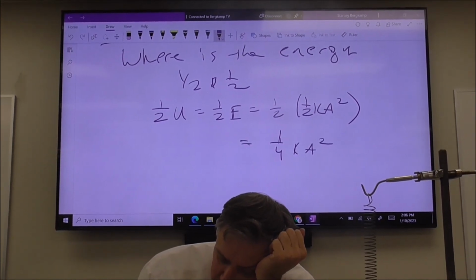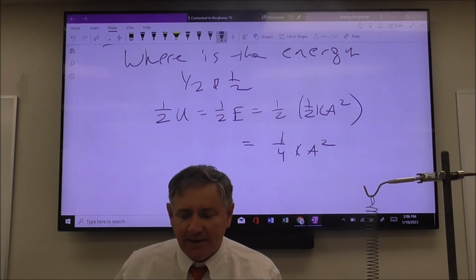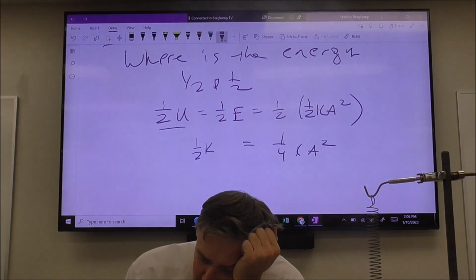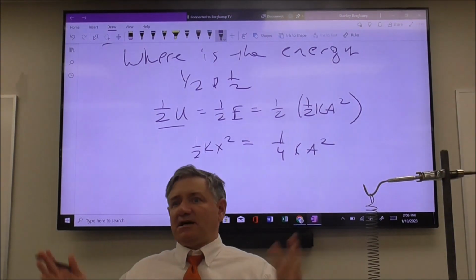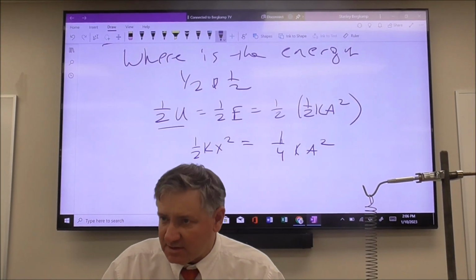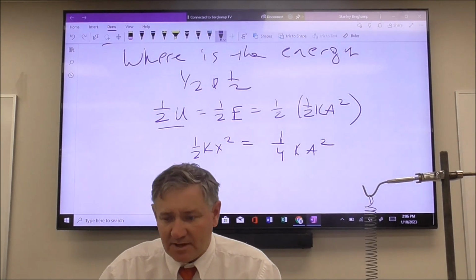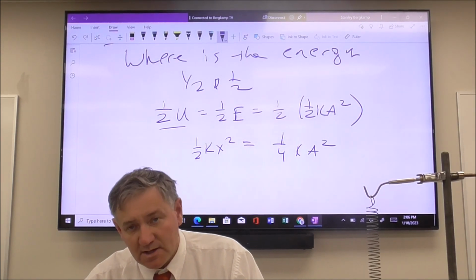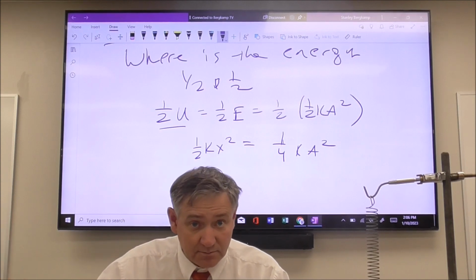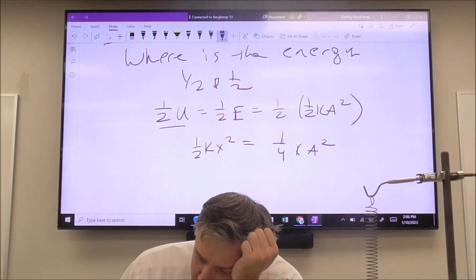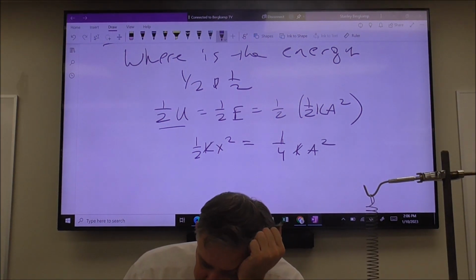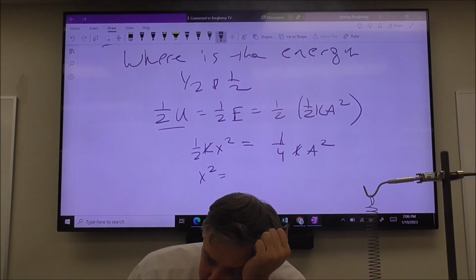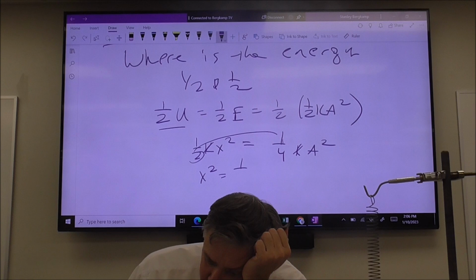Now, here's where this gets a little bit dodgy. This U value here is going to be 1/2 kx squared, because that's just the standard definition of how you calculate U. So 1/2 kx squared has to equal 1/4 Ka squared in terms of the amplitude. So I can cancel out those K's, and multiply by 2, so I get x squared, and this side becomes 1/2 a squared.